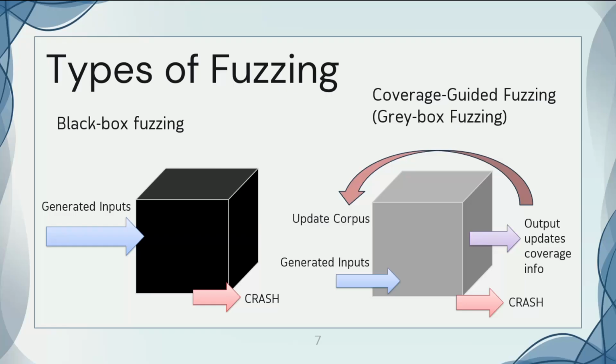So it can see if your test case, your input, increased the coverage of the program. Was it in any way meaningful for the program? If that input actually executed more code, covered more lines of the code, then it will be added to the corpus. This is an ever-growing seed pool from which more inputs will be generated.